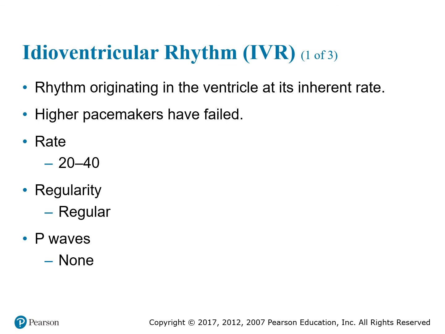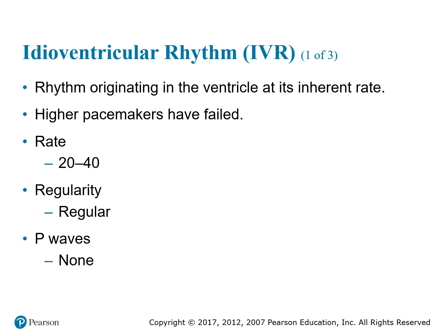If the rate of an IVR falls below 20 beats per minute and the QRS starts turning into an irregular, wide, and indistinguishable waveform, the rhythm is commonly referred to as an agonal rhythm or a dying heart. Treatment is usually ineffective at this point.